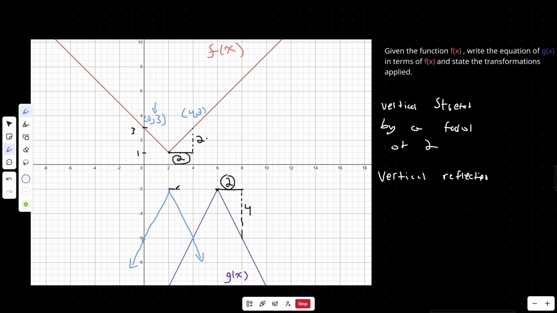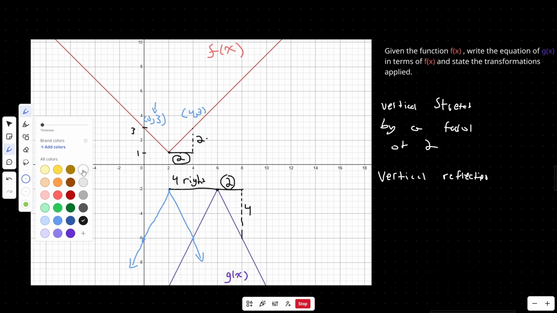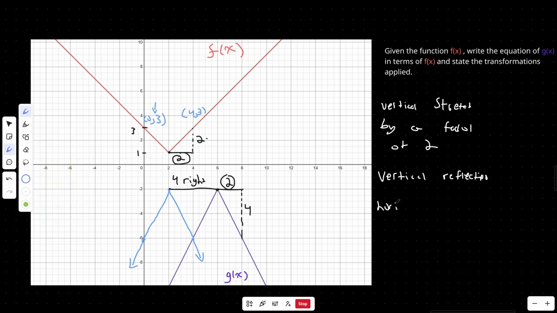So we're going, what is that? 4 units, right? And are we going anything down? It doesn't seem like we have to go down at all, so we can just say it's a horizontal translation, 4 units right. And there we go.